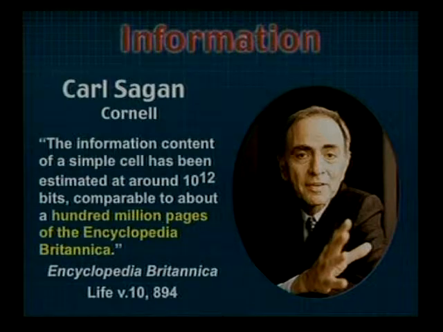Now, you're walking along the beach and you see 100 million pages of the Encyclopedia Britannica. And you think, boy, the wind must have really been blowing last night. Lots of waves. You see John loves Mary, and you know that didn't happen naturally. But 100 million pages of the Encyclopedia Britannica, what must you conclude? Where did this come from?